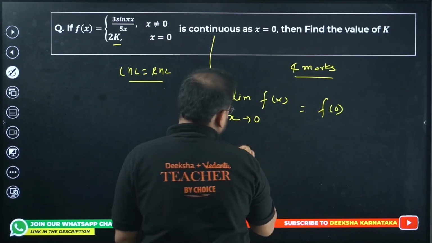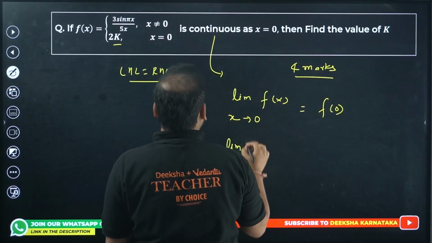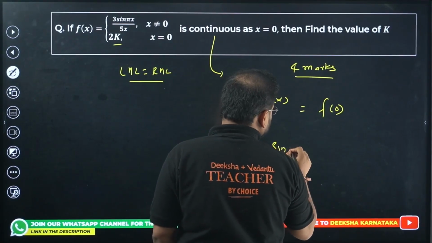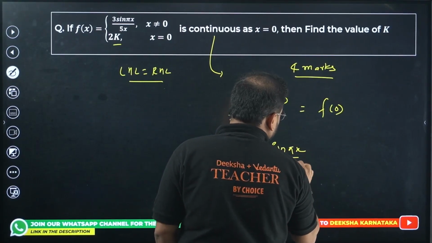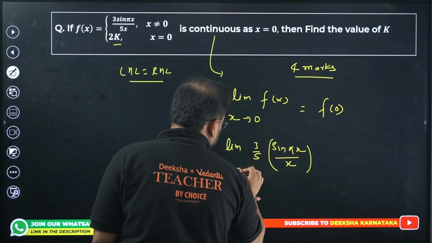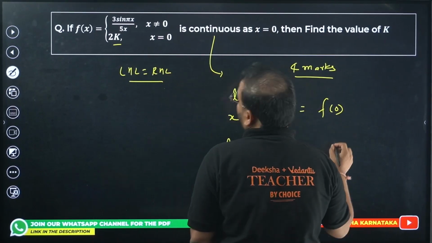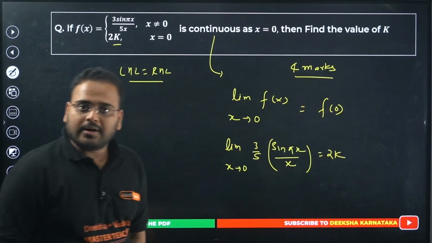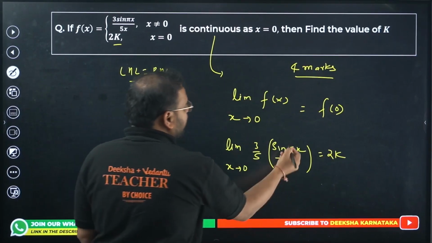I get the limit of the function f(x), the constant 3/5, and sine pi x upon x, where x tends to 0, and this is equal to f(0), which is given as 2k. Write this as 2k. Now how can you make this the same?